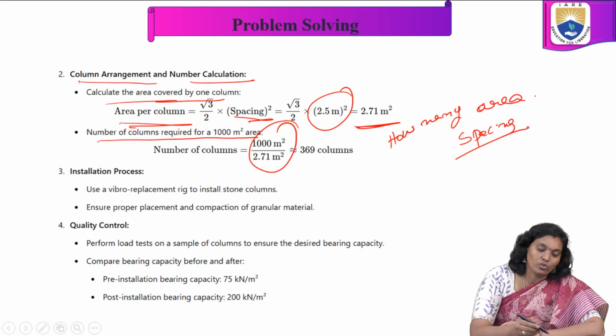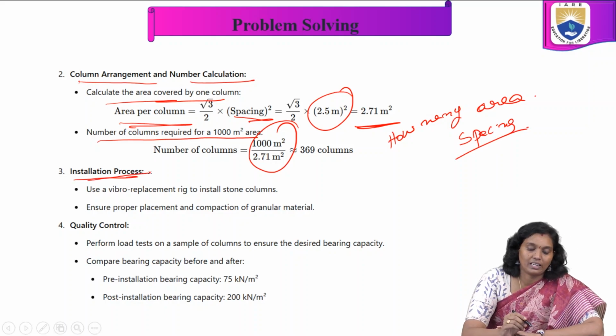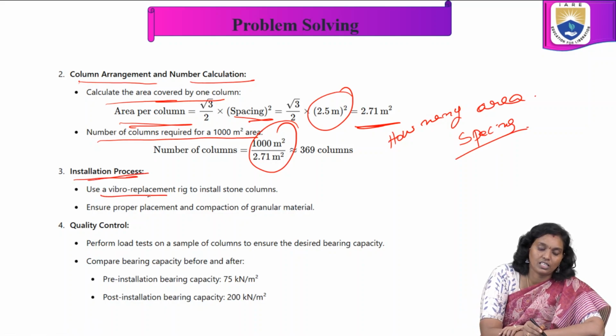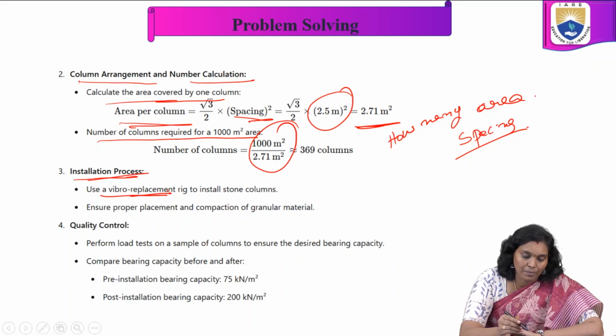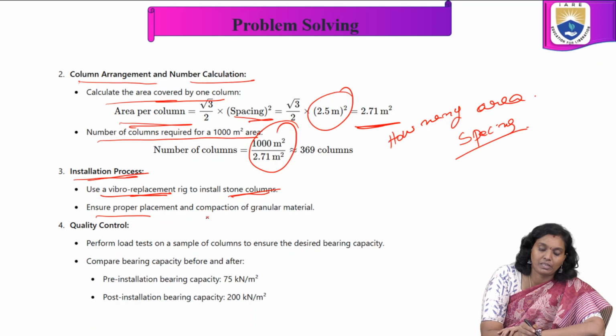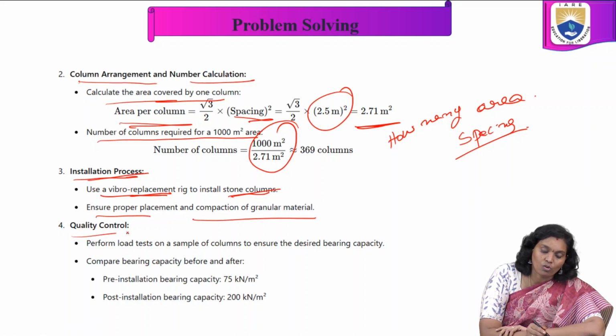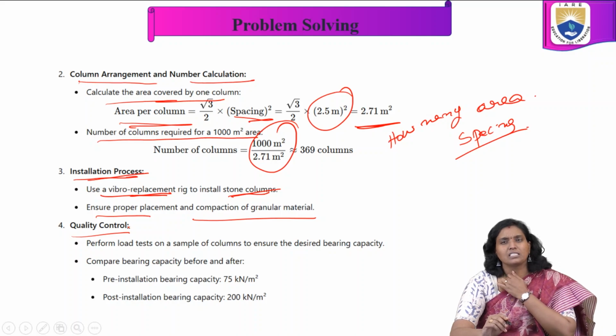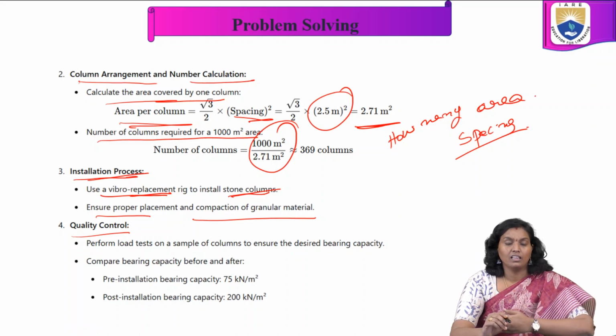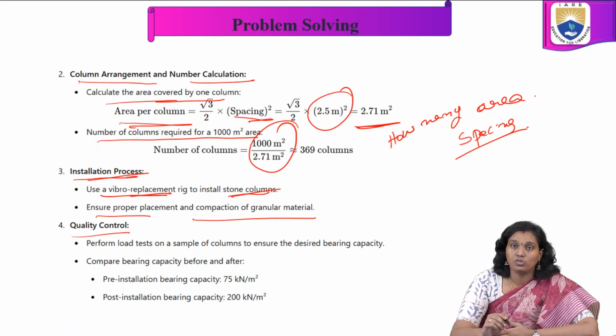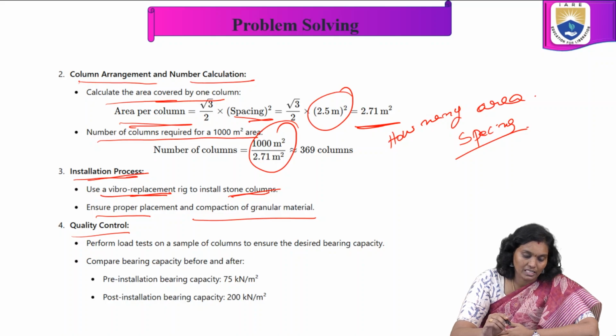So now move on to the installation process. As per the demand, we choose this installation procedure. Use a vibro replacement rig to install the stone columns. Ensure proper placement and compaction of granular material. In this, quality control will perform tests on soil samples of columns to ensure the desired bearing capacity.